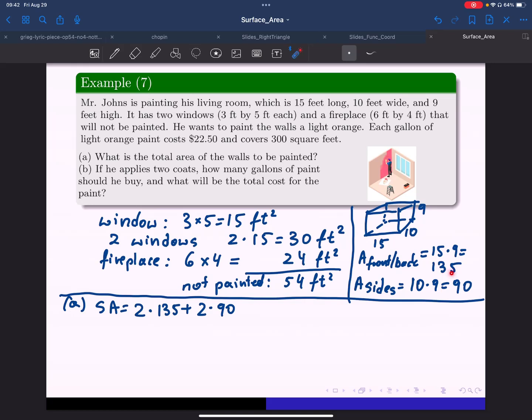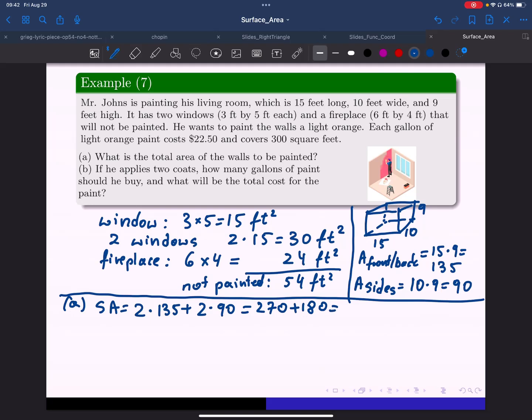So we have 2 times 135, and one side is 90 and we need another side of 90. 2 times 135 is 270 plus 180.